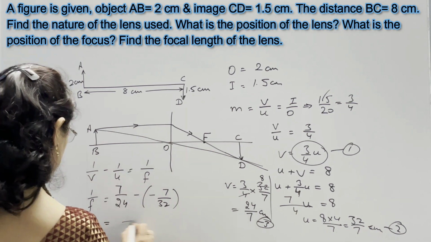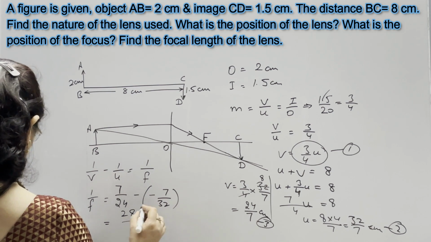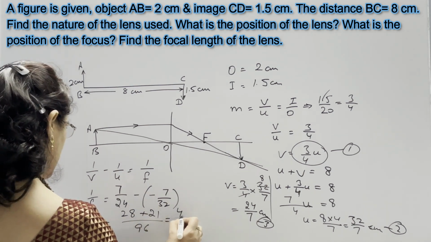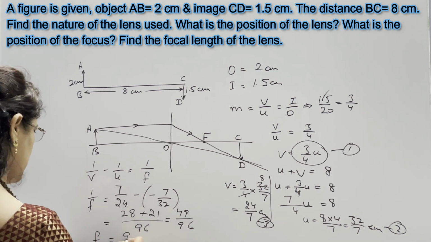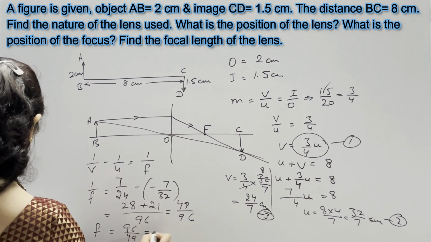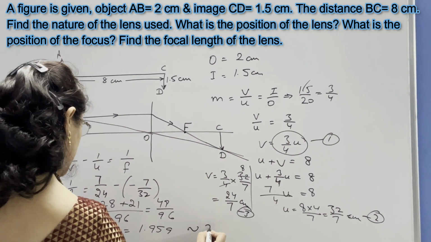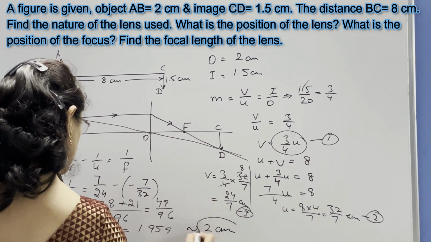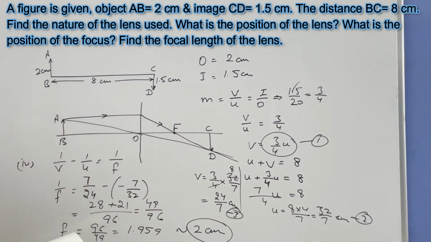Now the LCM of 24 and 32 is 96. So here 28 plus, minus minus plus, is 21. So the value is 49 upon 96. So we can say the focal length is equal to 96 upon 49, or 1.959, or approximately we can take it as 2 centimeter. So 2 centimeter is the focal length, which is our fourth part in this case.